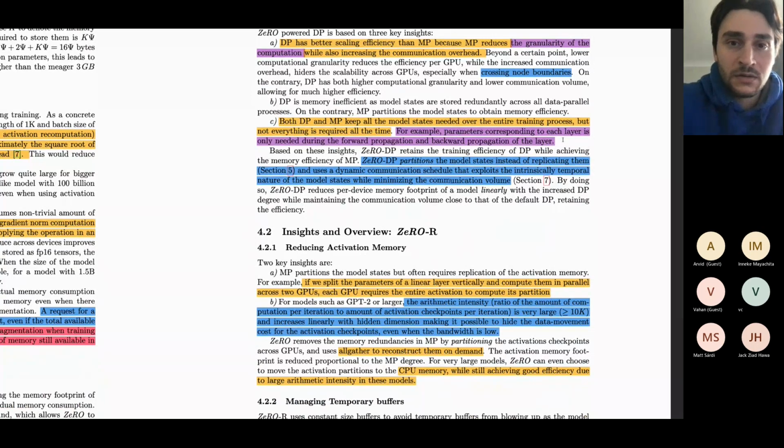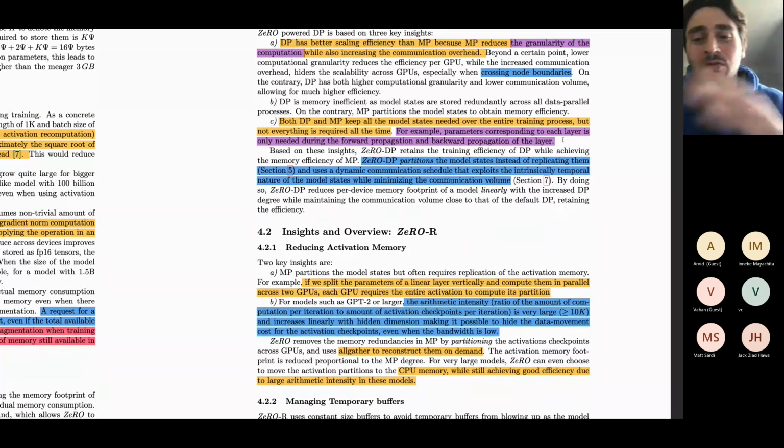So they partition the optimizer state or the model layers between different GPUs. But then when they're required for doing a forward pass or a backward pass or calculating the optimization, they gather them on each of the nodes that you're parallelizing across, and you're performing the computation.